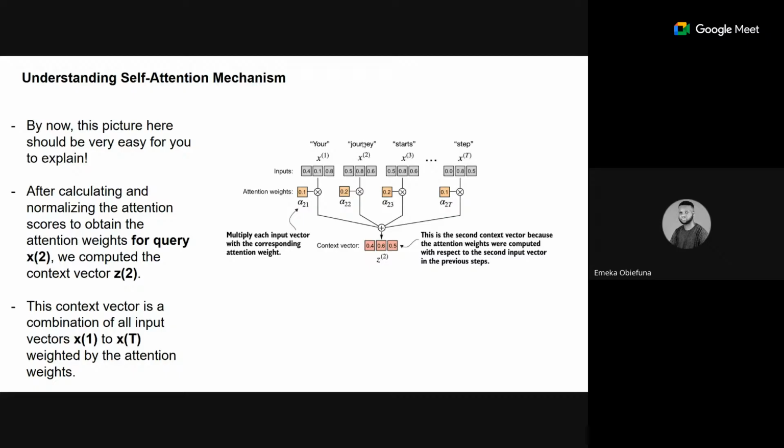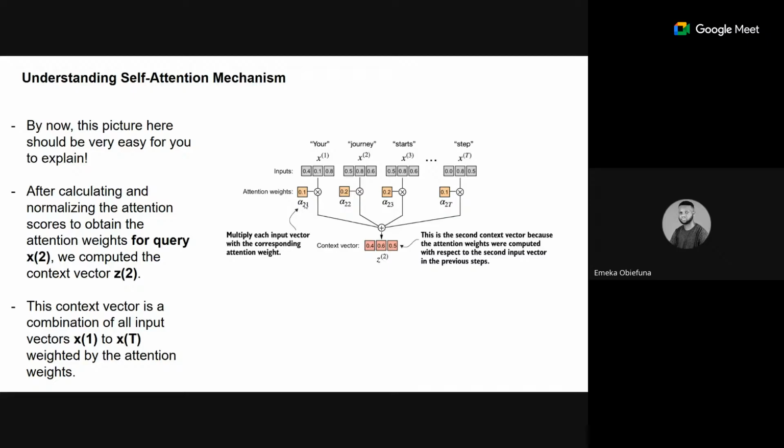The second input vector corresponds to this, the third one corresponds to this. For you to be able to compute the context vector for the second input token, Johnny, you have to first get the attention score. And how do we get the attention score? You use dot product. Once you've gotten the attention score, you have to get the normalized attention score, which is your attention weight.